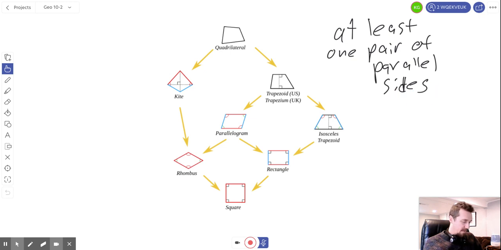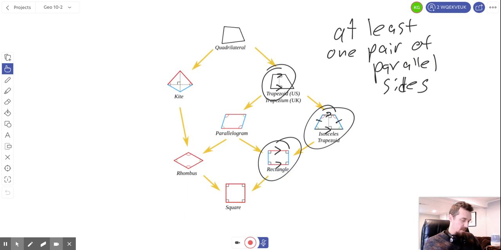And if you think about it that way, that means that this is a trapezoid because these sides are parallel. This is a trapezoid. This is an isosceles trapezoid because these are parallel and these two sides are congruent, just like isosceles triangle. Now this has at least one pair of parallel sides.